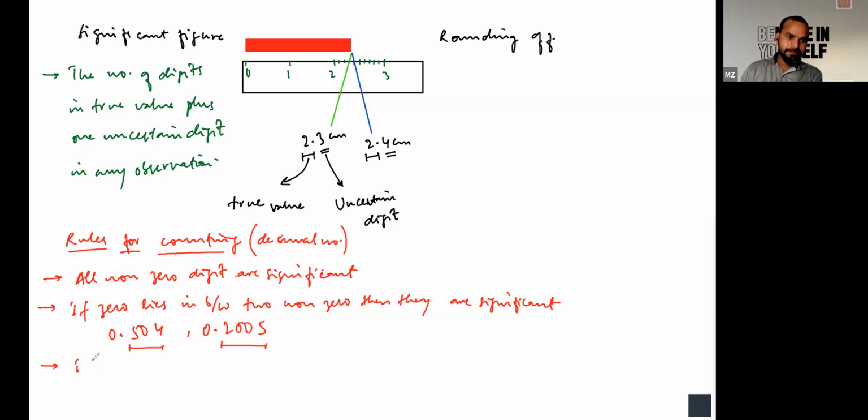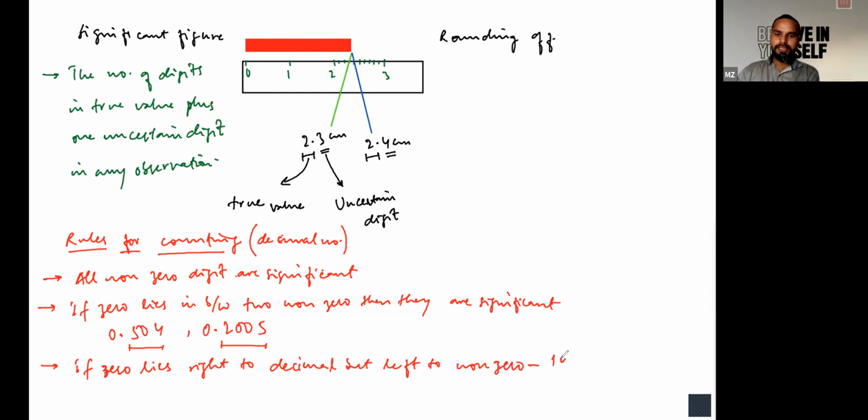Now, if 0 lies right of the decimal but left of a non-zero digit, then it is insignificant.